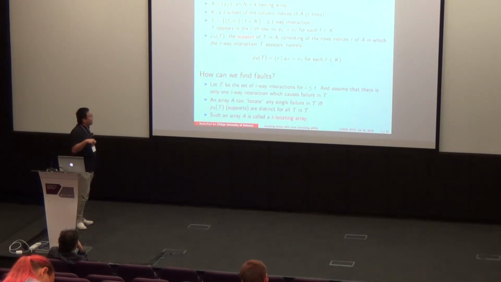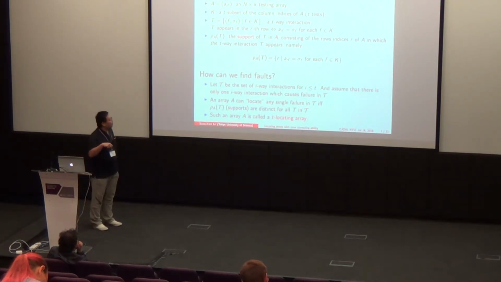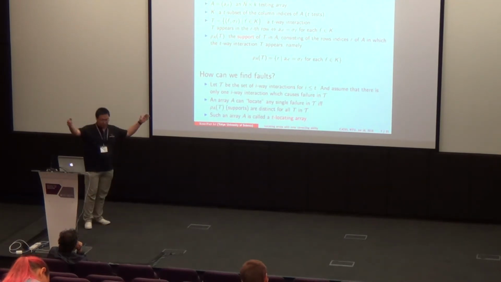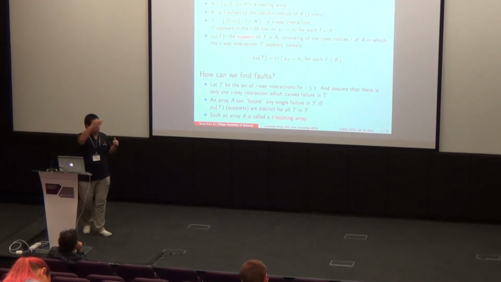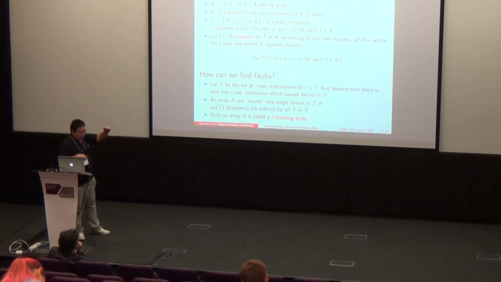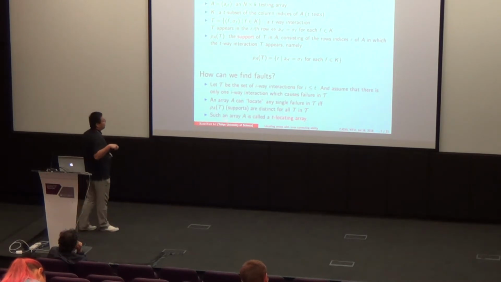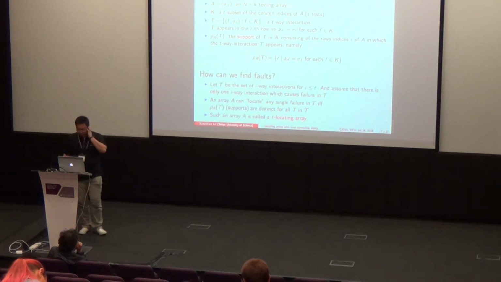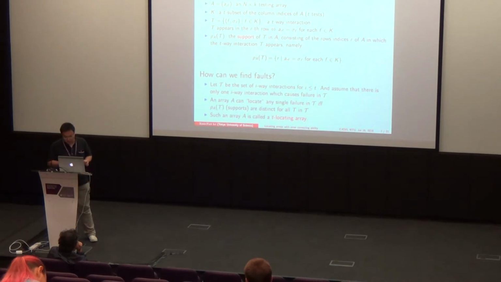And array A can locate any single failure in the script T if and only if the supports of these row indexes are distinct for each t-way interaction. So such kind of array is called a t-locating array. And here another exception is we'll only consider one-way interactions.